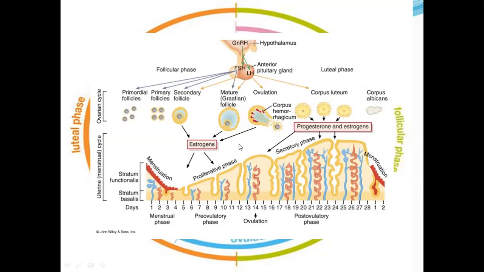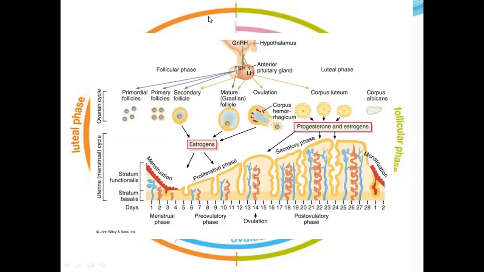And that sudden increase of estrogen has positive feedback on what? On the hypothalamus and pituitary gland.